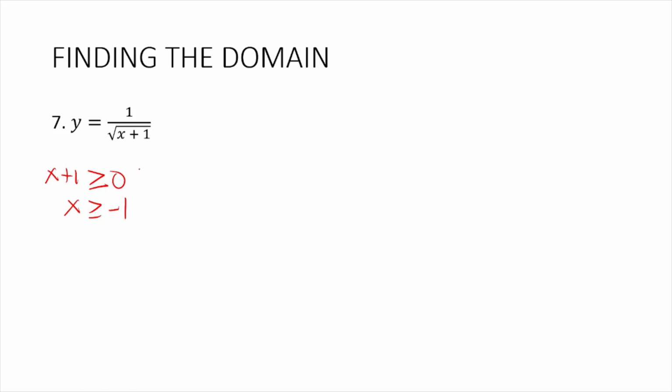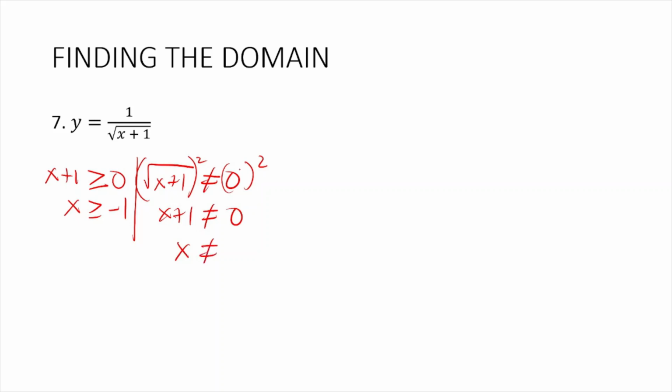The other condition is that we don't want the denominator to be 0, because it will result in an undefined expression. The whole denominator in this case is the square root of x plus 1, and we don't want this to be 0. Solving for x, we square both sides of the equation. This gives us x plus 1 not equal to 0, or x must not be equal to -1.